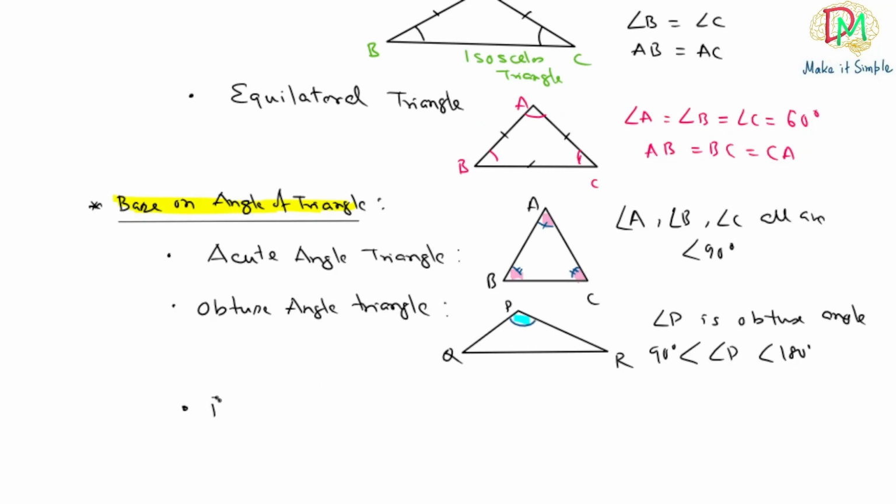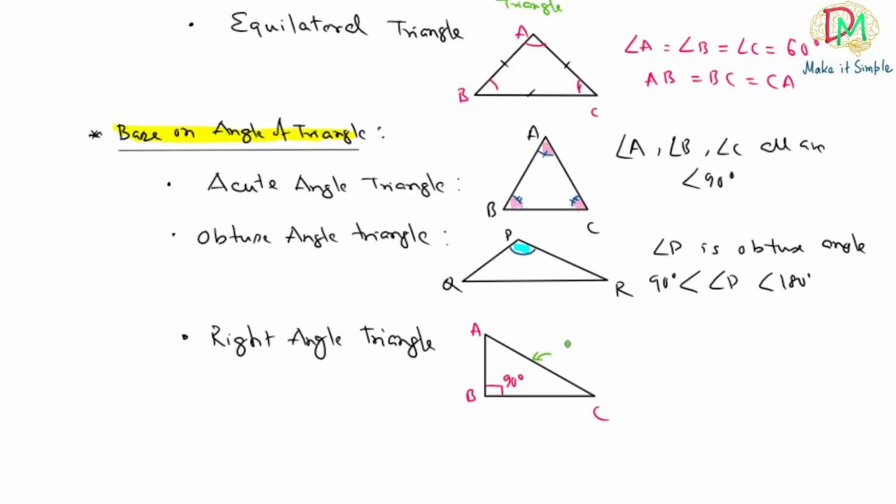Next is right angle triangle. This is 90 degree. This is the hypotenuse. And this side is called the base. This is one leg, and this is called the height, and this is another leg.